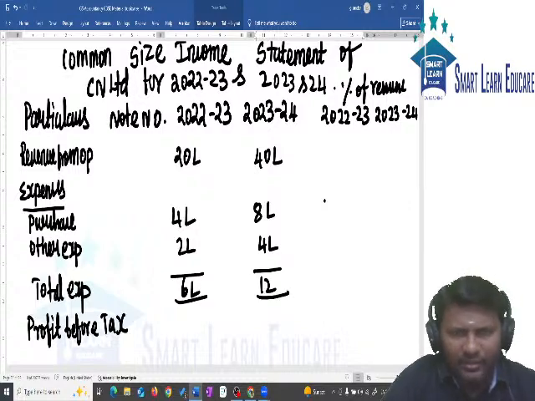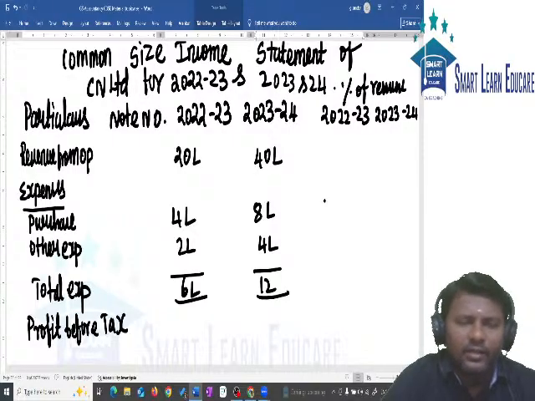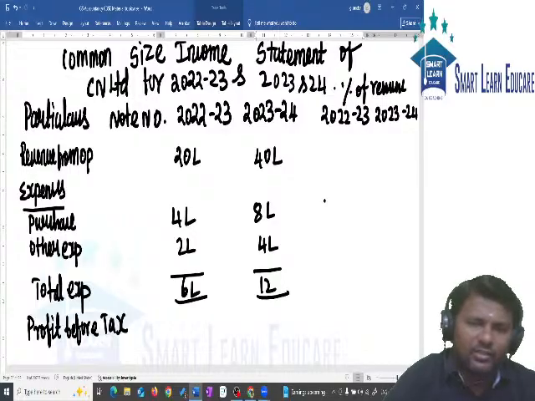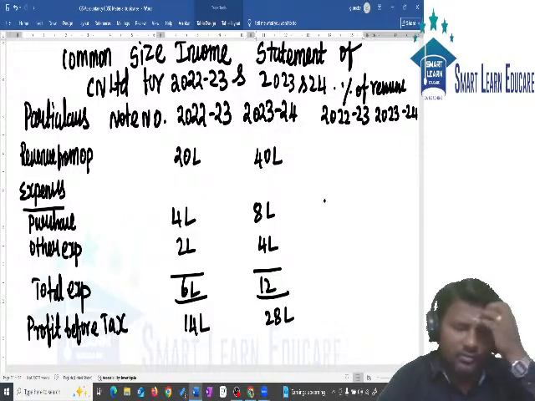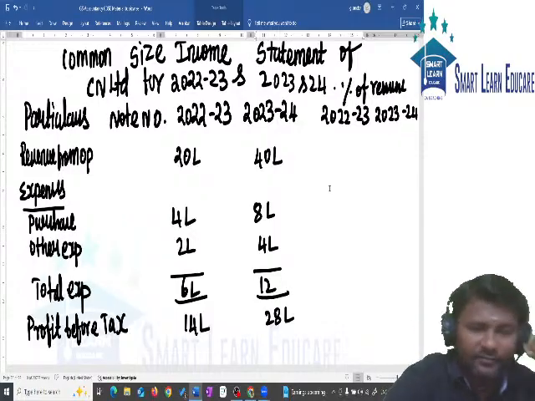Next, profit before tax. 20 minus 6 will give you 14 lakh. 40 minus 12 will give you 28 lakh.